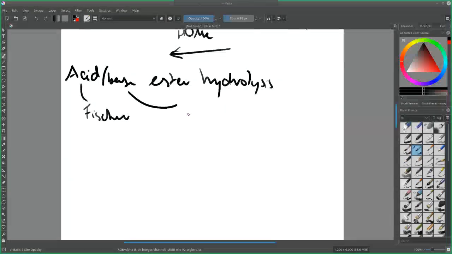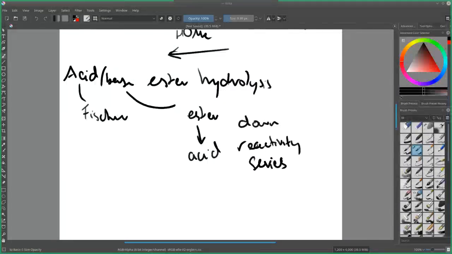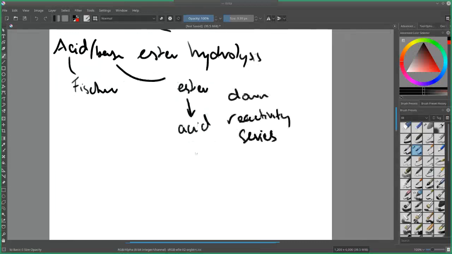Okay. So here you're going from ester down to carboxylic acid. So you're going down the reactivity series. Right. So you're able to do this. This is not a super hard reaction. Okay.